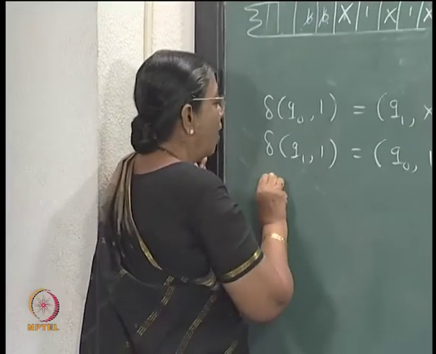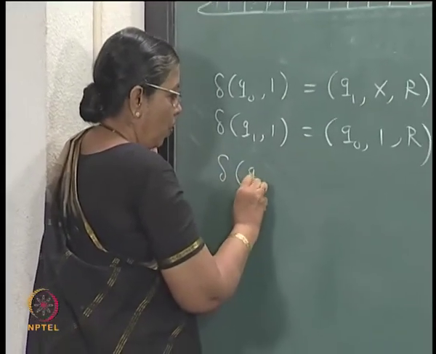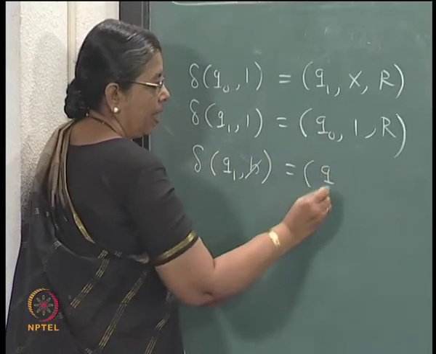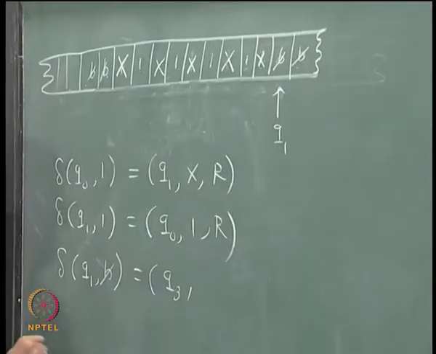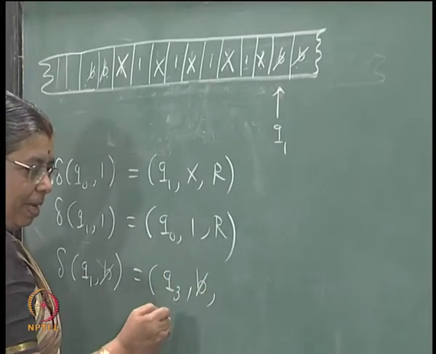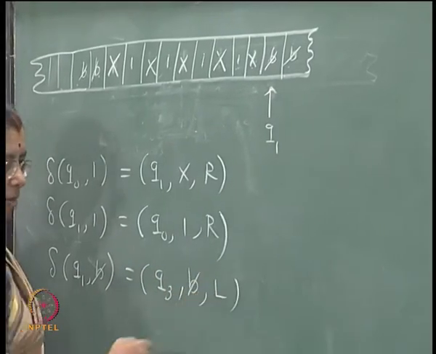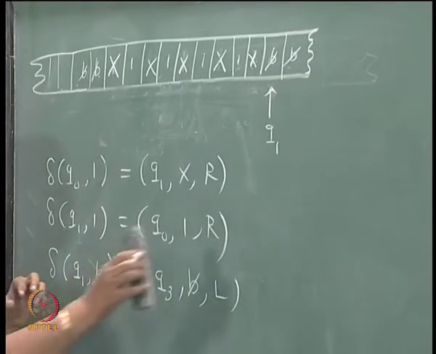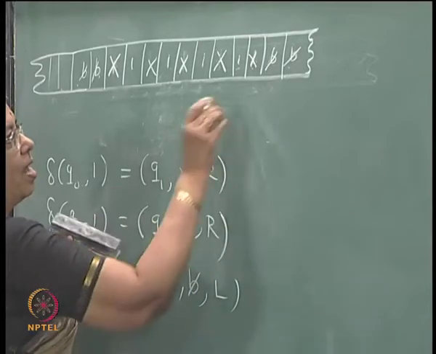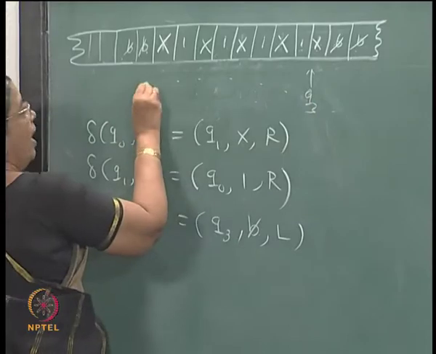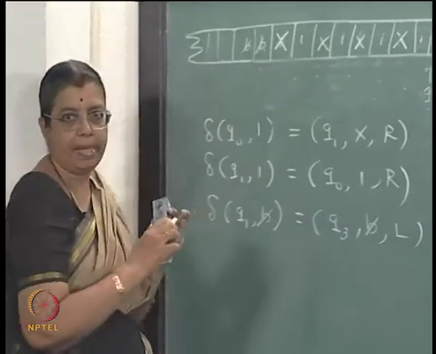So, delta of Q1 blank is Q3 blank, right. It does not do anything with the blank symbol, just starts moving left. So, in state Q3, it starts moving left until it sees a blank symbol.